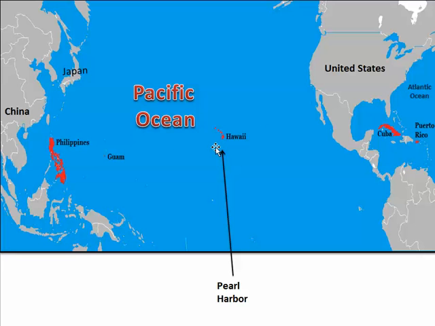In 1898, July 7th, 1898, Hawaii became part of the United States, and Pearl Harbor was a naval base we built there so our Navy could get across this great expansive Pacific Ocean. And it's the Japanese that are going to come there and attack us without our notice. And it's surprise attacks that are going to cause the United States to enter World War II.